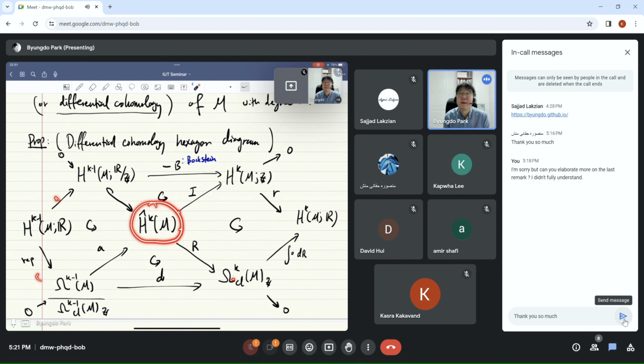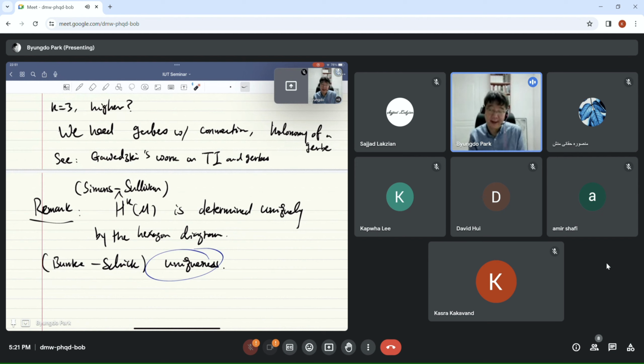I don't know whether I should talk a little bit more about the proof. If you look at this Bunke-Schick uniqueness theorem, they do a more general case subsuming H hat, and basically what they figure out is the axioms for when the differential cohomology is uniquely determined. So there are conditions.